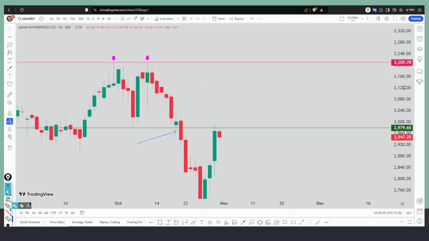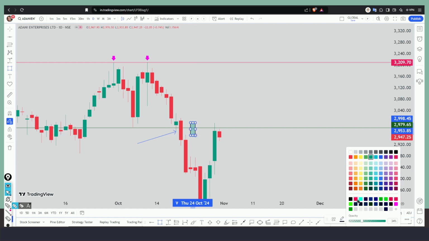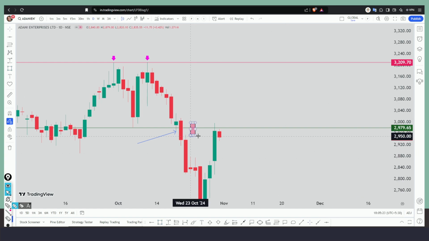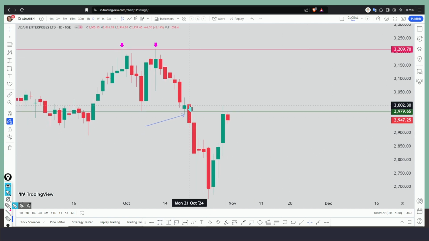Now what we can do is take the entry after this candle closes, or sometimes we can convert this daily time frame into 15 minutes or 1 hour, and if we see selling pressure in the lower time frames based on the candlesticks, we could take the short entry. Let's assume we have taken the entry after this candle.